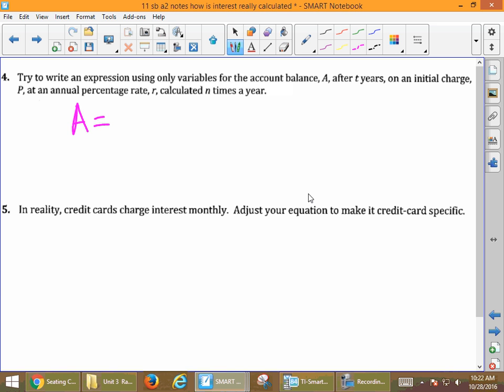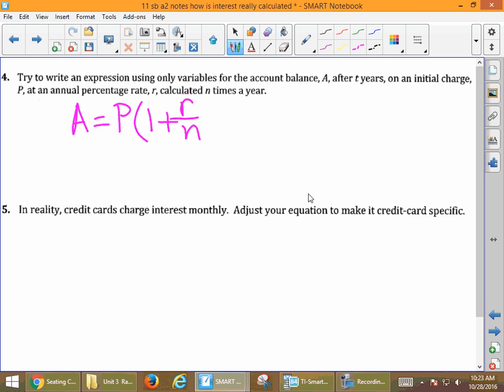And that says an initial charge P. And then what we did is we did 1 plus a rate. So whatever our annual percentage rate is here.